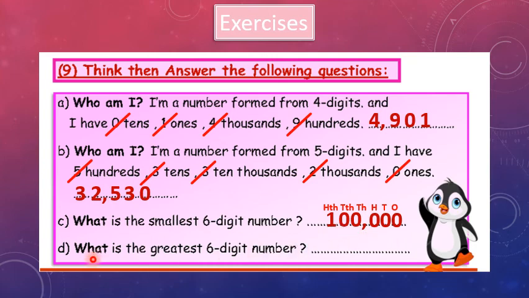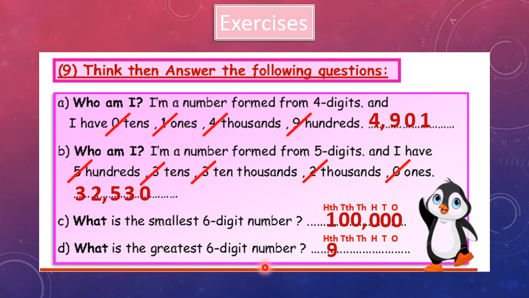Next one here, what is the greatest 6-digit number? If you notice, the greatest 1-digit number is 9, because 10 has 2 digits. We need 6-digit numbers.